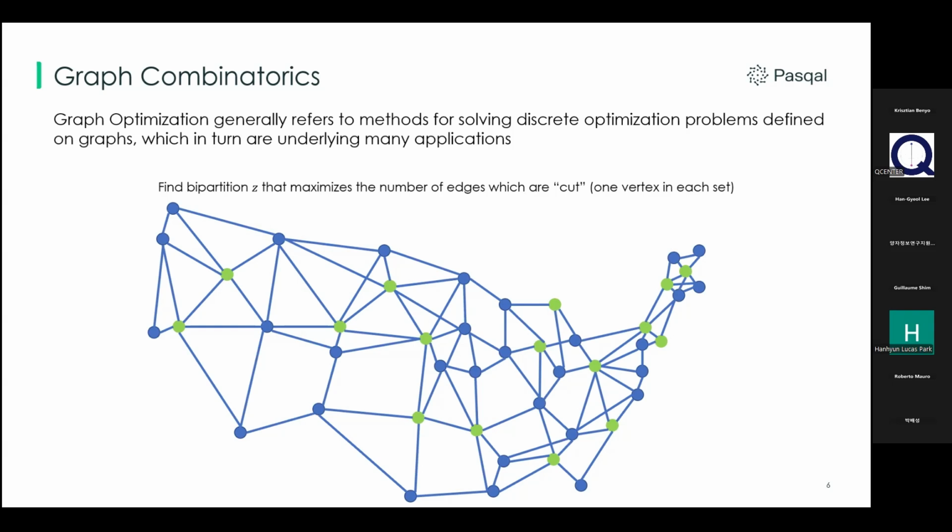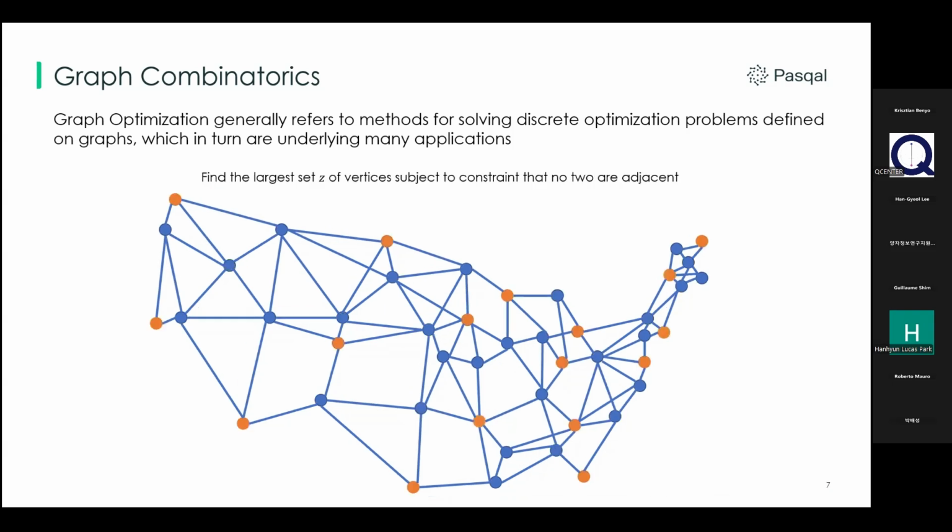So this is a type of combinatorial optimization problem that arises a lot in logistics and supply chain management type problems typically. Another important problem that we are going to discuss a little bit more is what we call the maximum independent set problem. So this asks you to find a collection of nodes, a collection of vertices, such that no two of these vertices have an edge drawn between them.